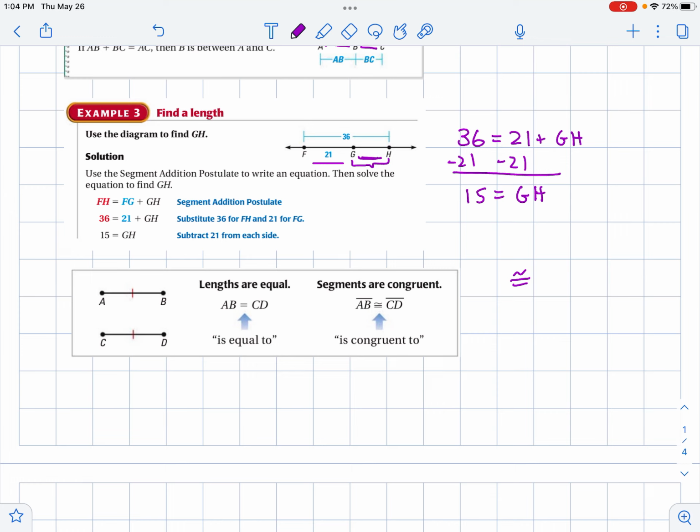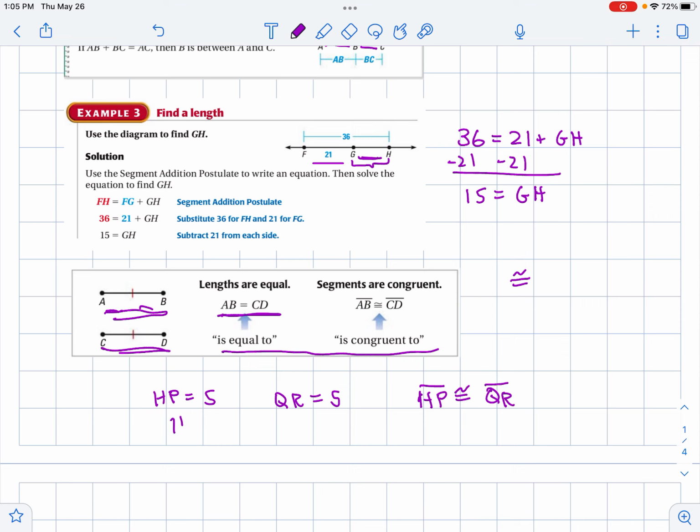So here's the deal. Let's suppose HP is equal to 5. And let's suppose QR, the measure of this segment, is 5. Okay? So in other words, the length of HP is 5 and the length of QR is 5. Notice no line above them. But if I put the line above HP and over here QR, then they're congruent.